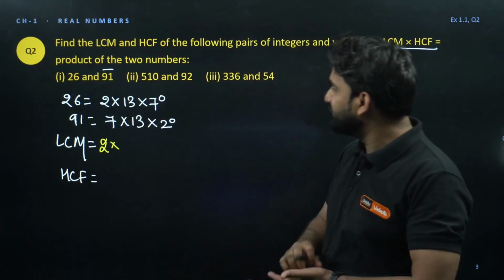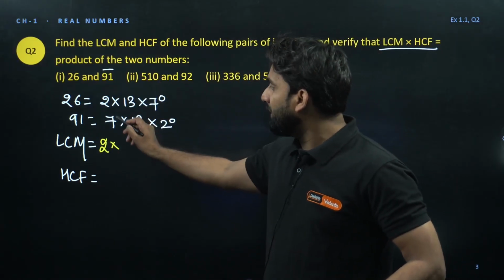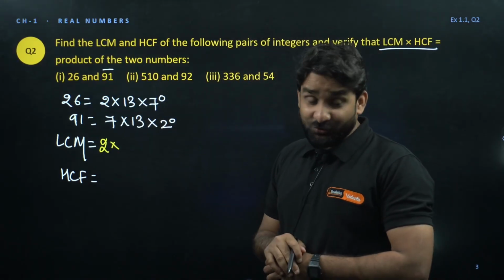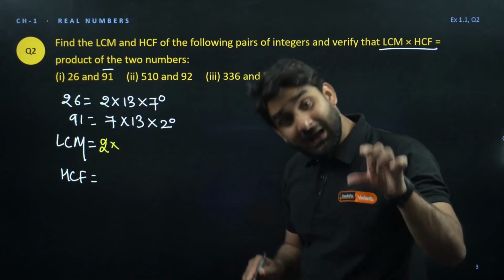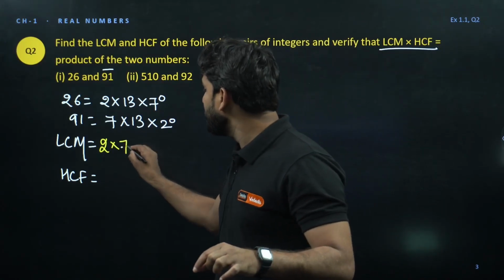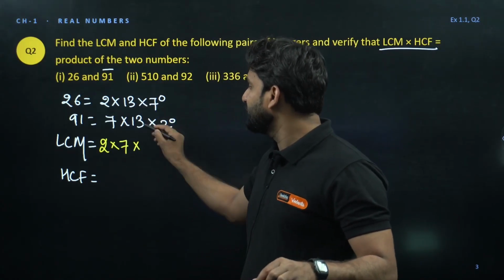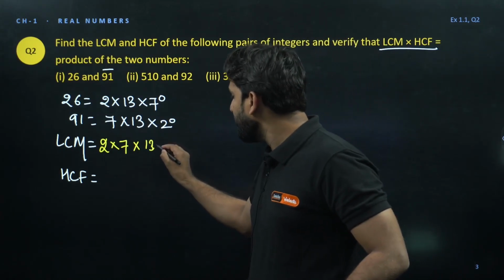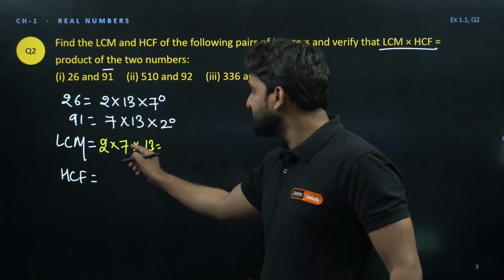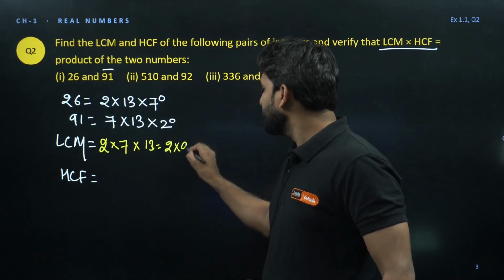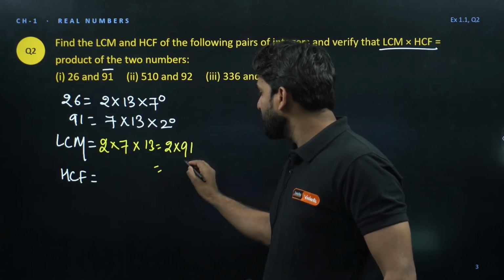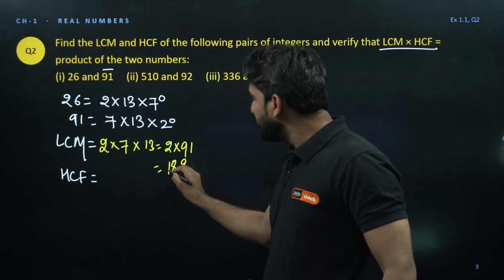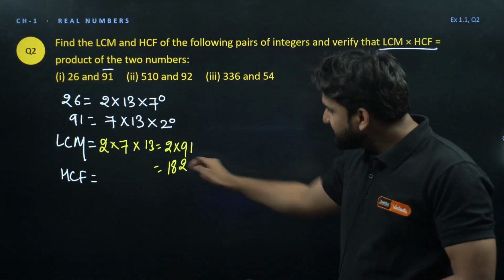After 2, 7 will come. Here 7 to power 1, here 7 to power 0. So we have to take the highest power, which is 7 to power 1. And in 13, both are the same. Now multiply. 13 times 7 is 91, and 91 times 2 is 182. This is the answer. The LCM is 182.